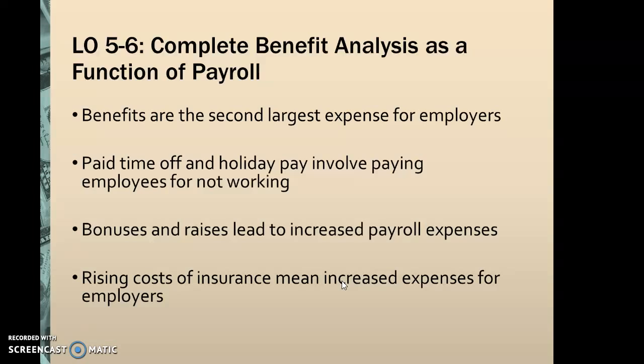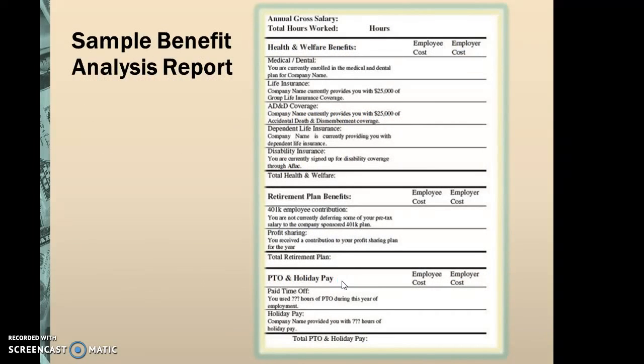As you know, most employers have paid time off and holiday pay, which involves paying employees for not working, possible bonuses and raises, which can increase payroll taxes, and the rising cost of insurance means also an increase in taxes for employers. Now, this is an example of an analysis report. As you notice, they break it down by the employee's costs and the employer's costs.